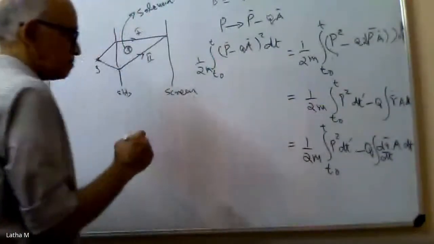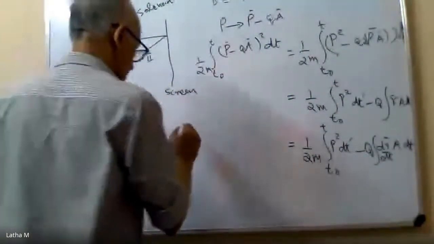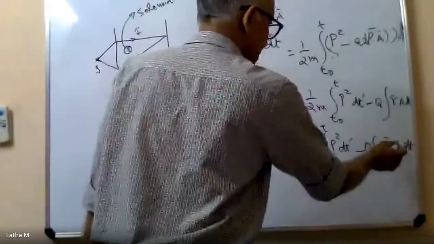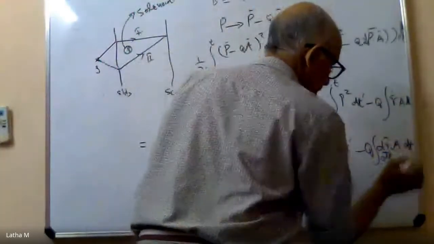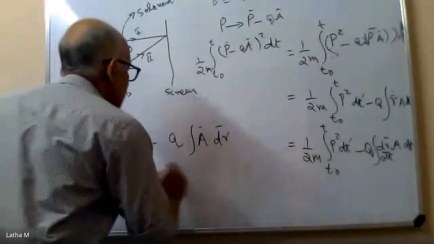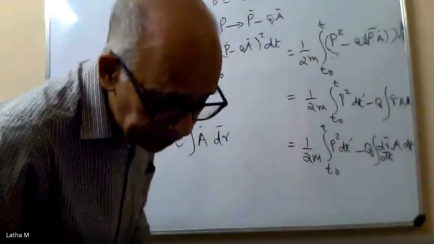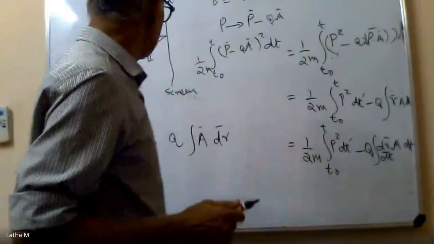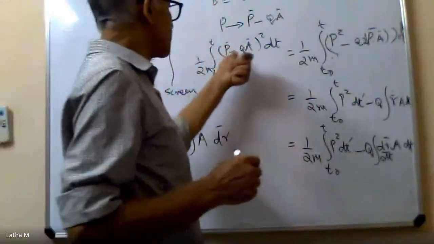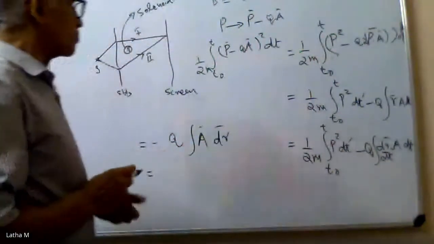I am not writing this term, I am writing the last term, minus Q A dot dr. Dr by dt dot angular plus A dot dr. This is nothing but A dot dr. So that shows that in presence of a magnetic field, the phase of this state gets changed by an amount Q A dot dr. A is the vector potential.